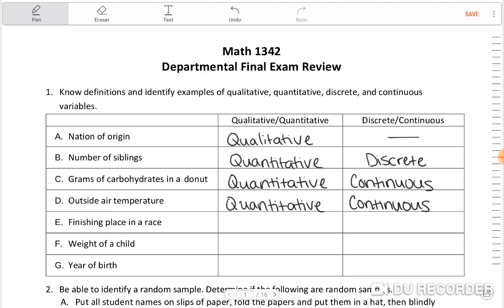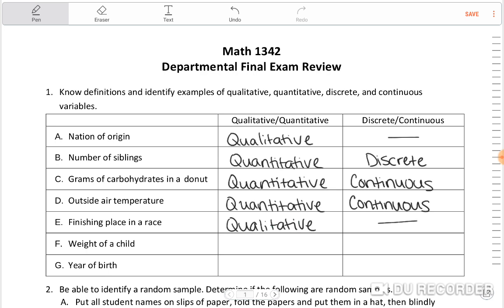So finishing places are like, on the extra credit I gave you, movie ratings, like 1 star, 2 star, 3 star. Those are more like separating things into different characteristics, different groups. So this one is actually qualitative. Kind of tricky.